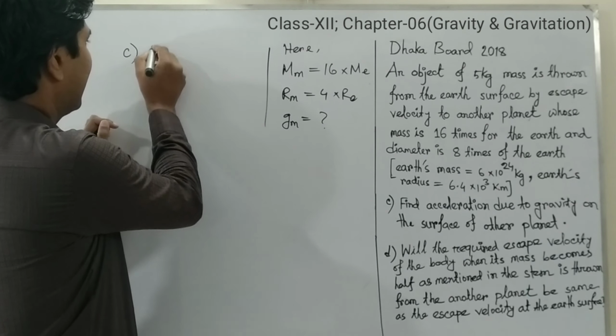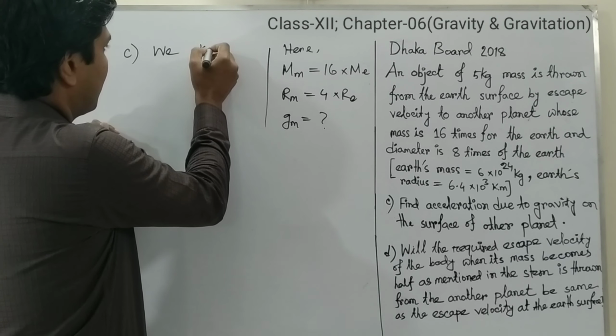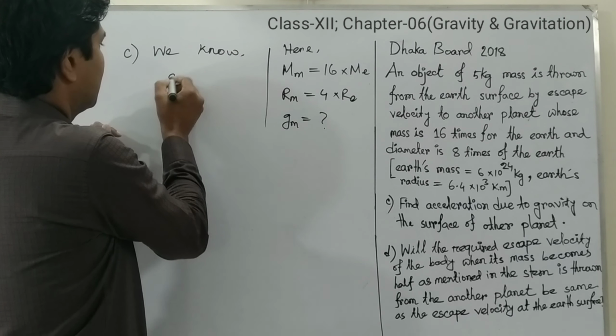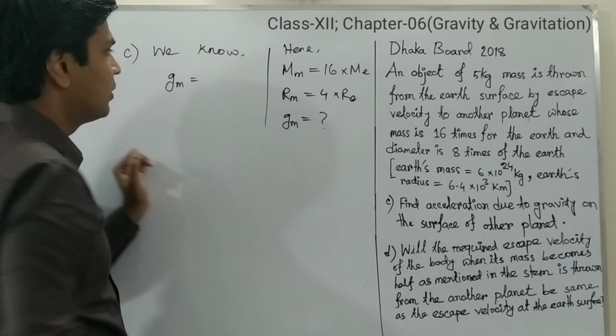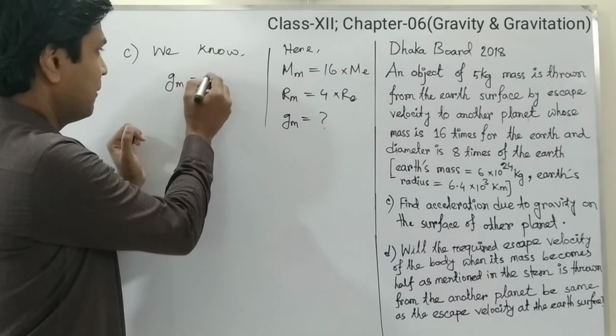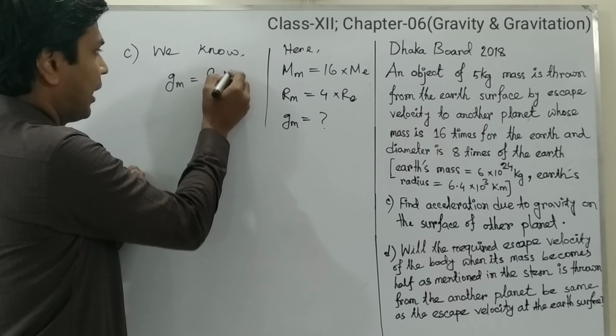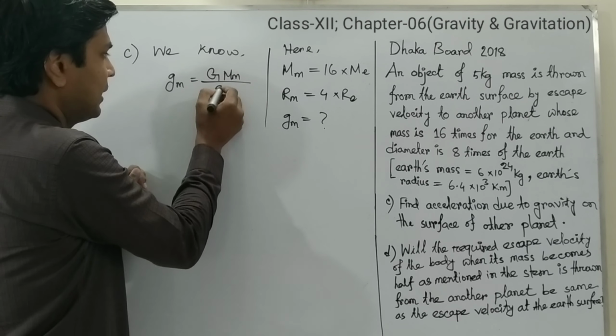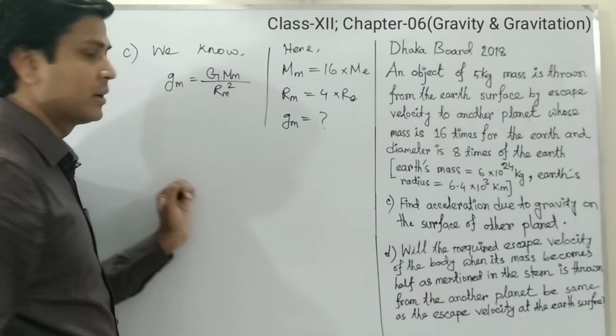We know the formula is gm equals capital G Mm divided by Rm square.